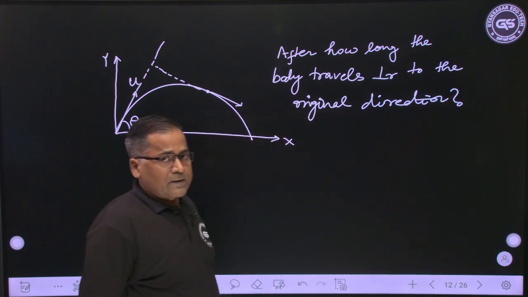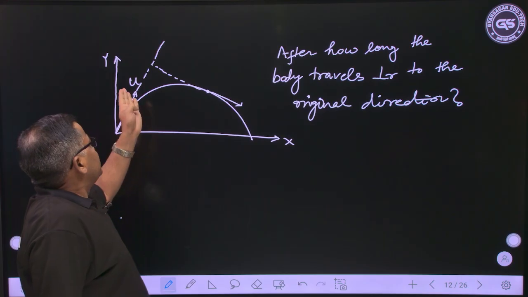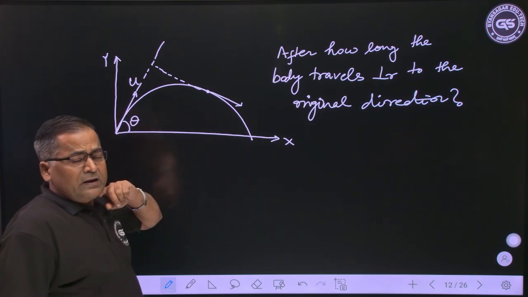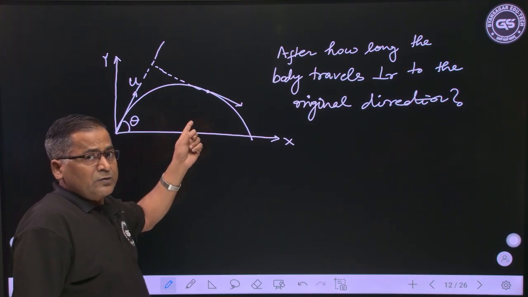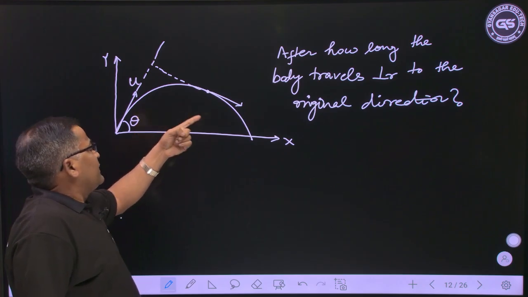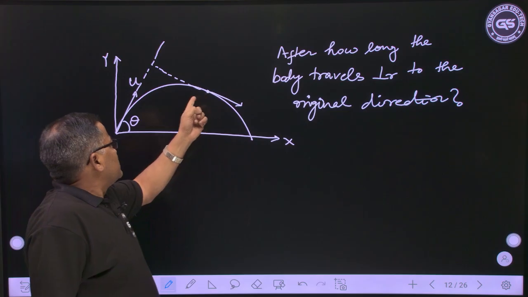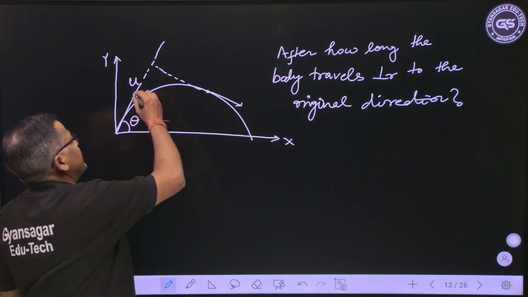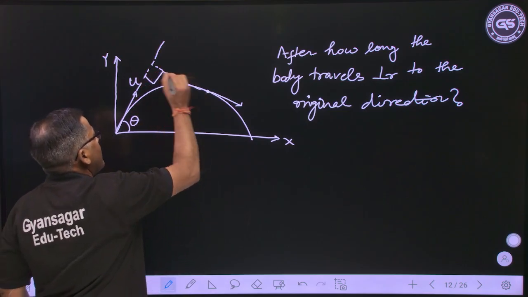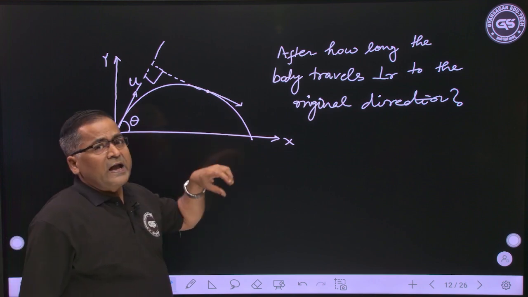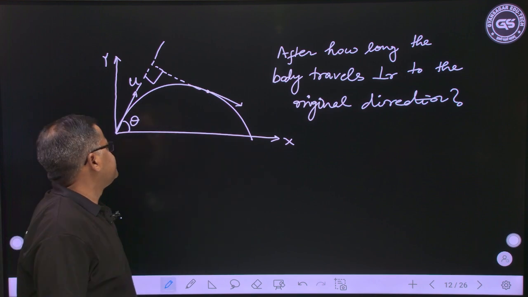This is the question. So this body is initially thrown at angle theta with speed u. After some time, it is moving like this, and this angle is 90 degrees. So after how long does this happen? We need to find that.